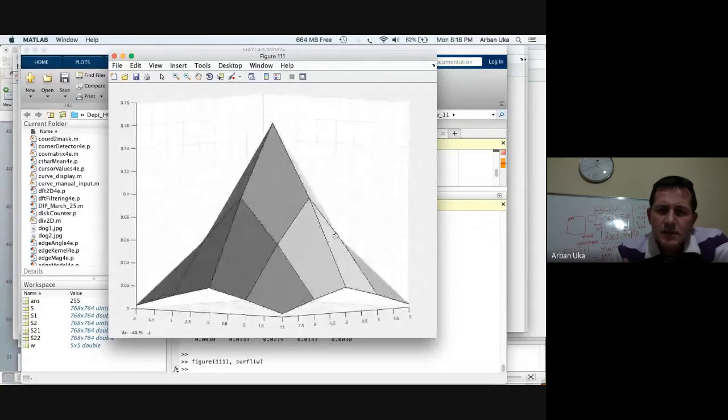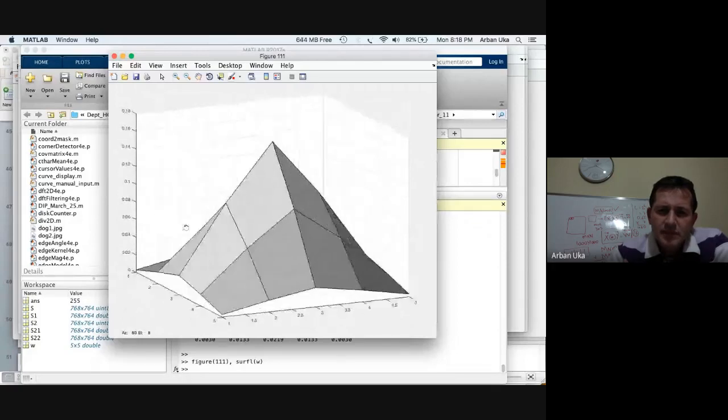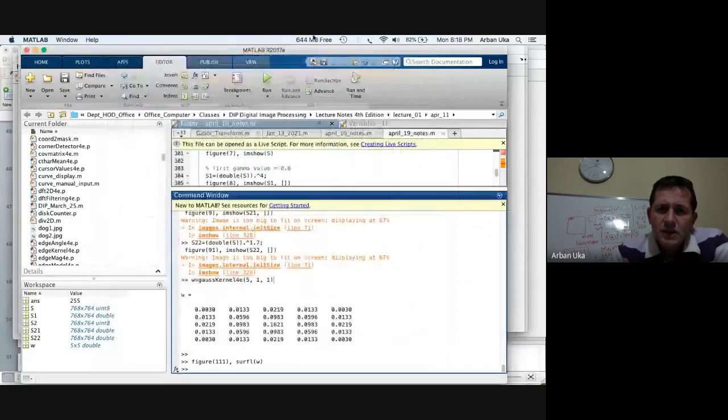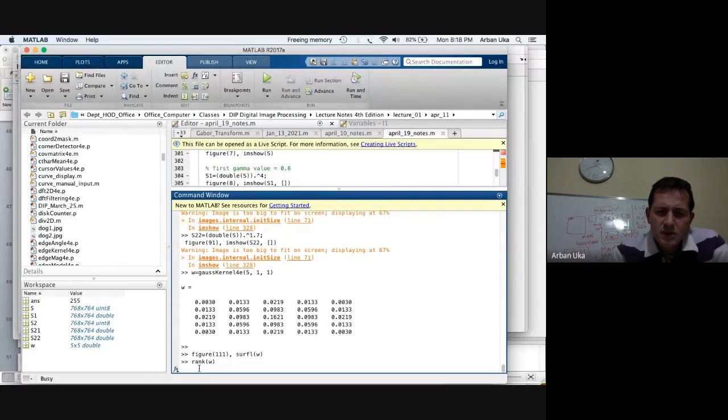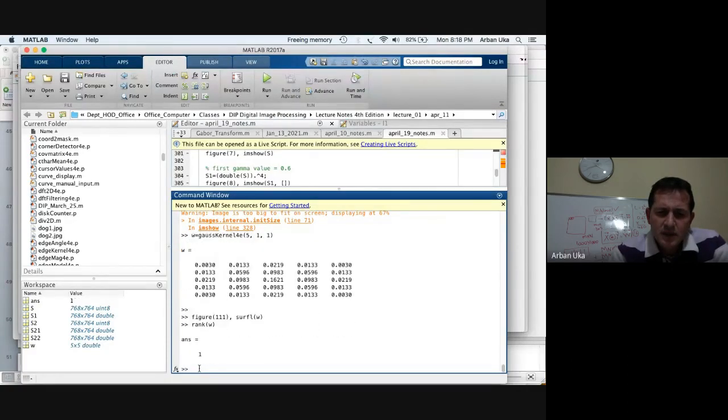Okay, so this is our kernel. Now let's try to determine what is the rank of this kernel, which is W, and should be something like 3. Let's see. Oh, it's 1.